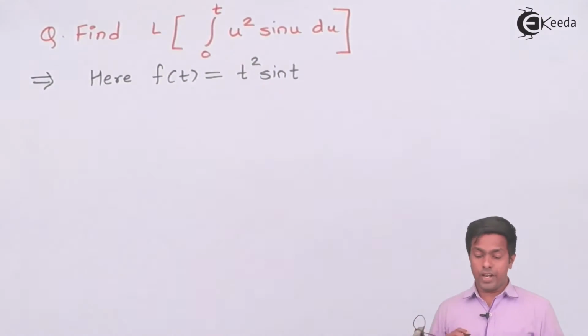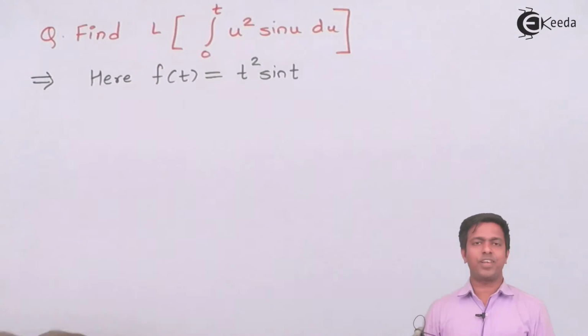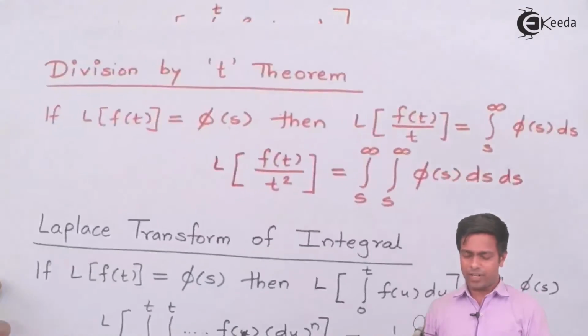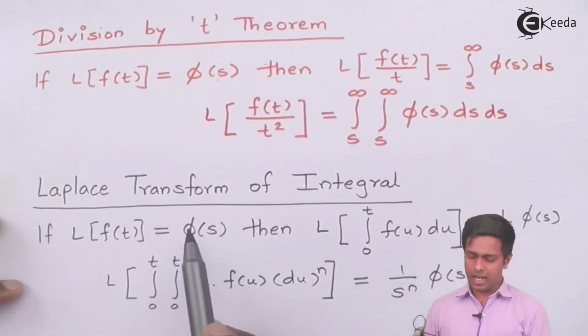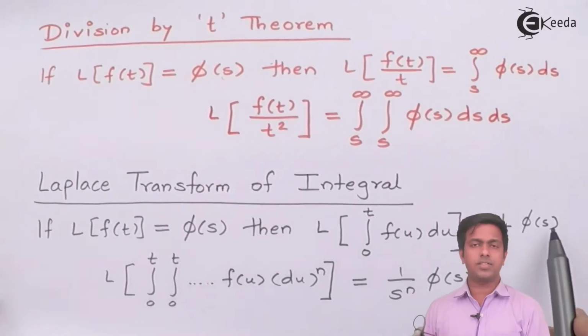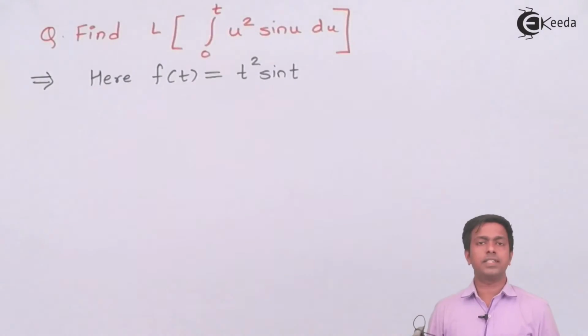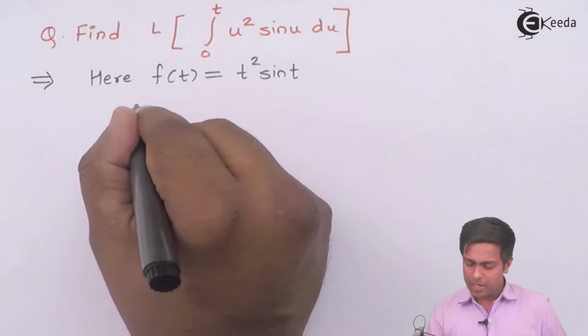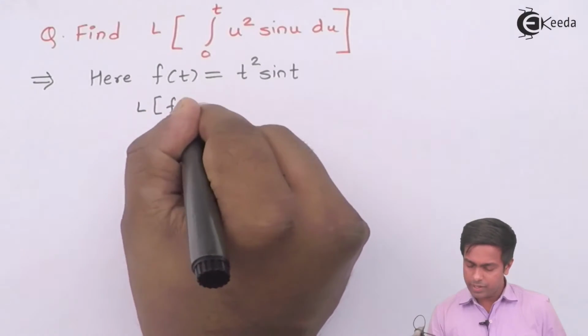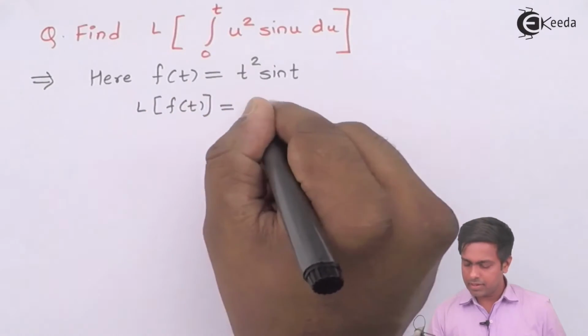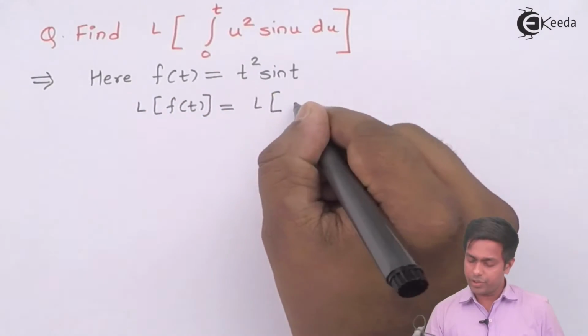And guys, we are gonna find out the Laplace of this f of t, because Laplace of f of t is gonna be phi of s and I'm gonna use that phi of s to find out the answer. So let's find out Laplace of this. So Laplace of f of t is nothing but Laplace of t square into sin t.